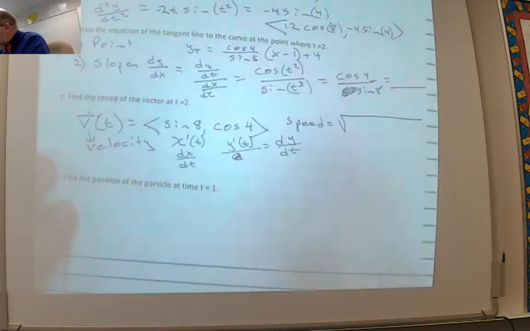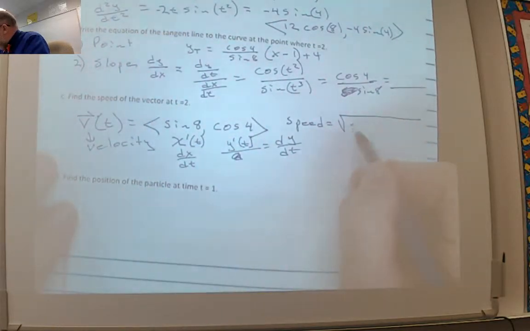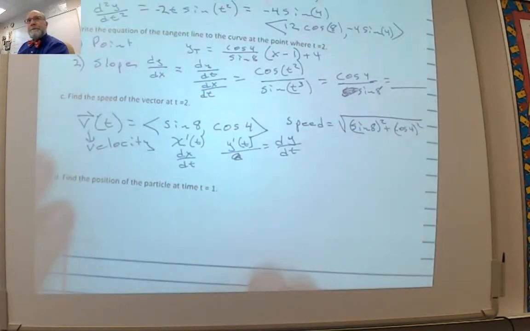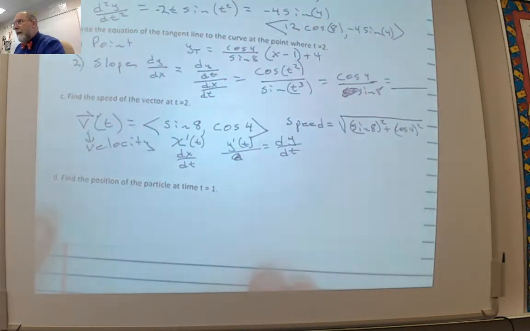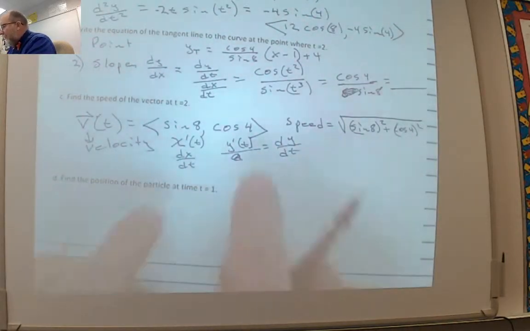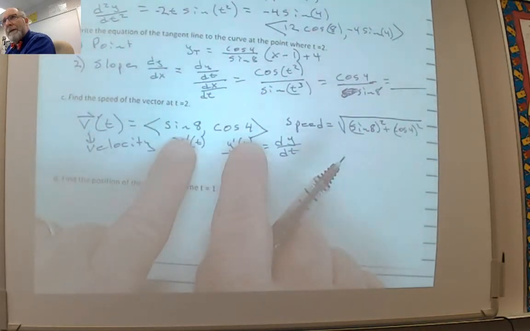Sine of 8 squared plus cosine of 4 squared. Okay, seems doable, especially since we had talked about parametric equations before. Very, very similar, aren't they? The only difference to me is this vector notation. Okay?